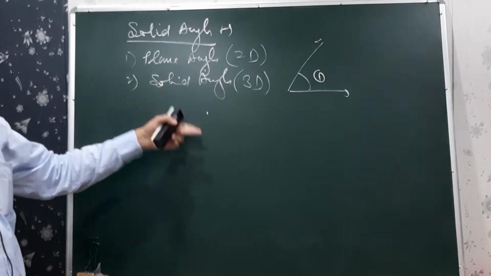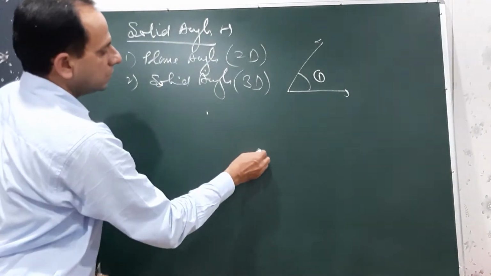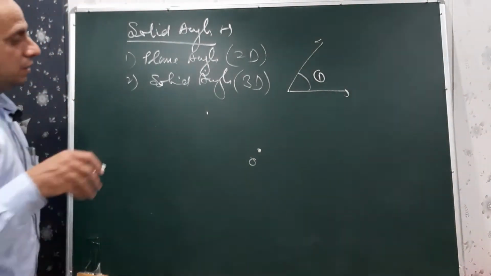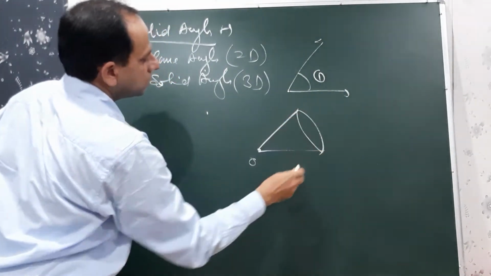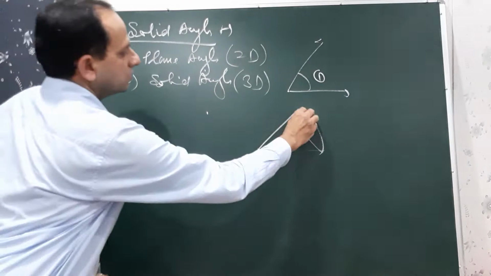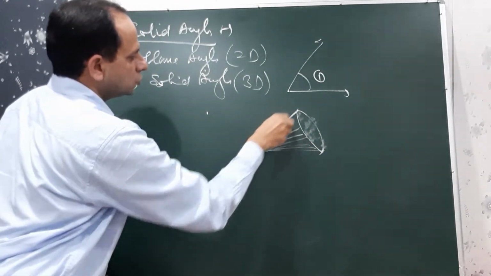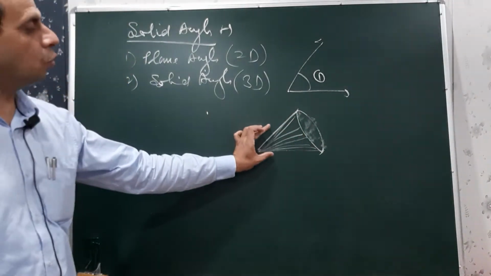So, solid angle is the angle formed at a point O, that is a common point, and subtends with the surface, this one is surface, and these lines which connect this surface from the point form a cone.